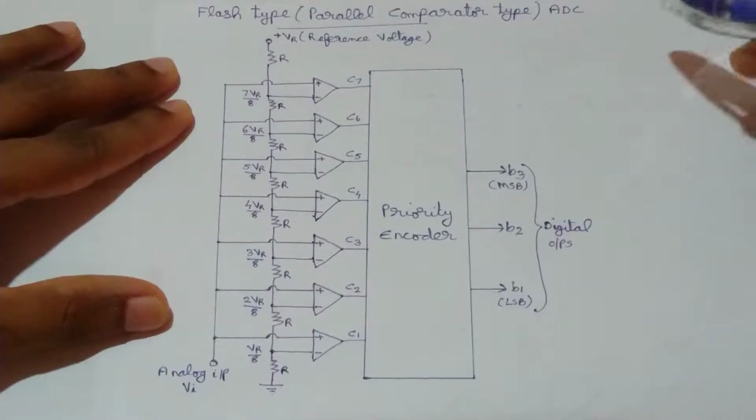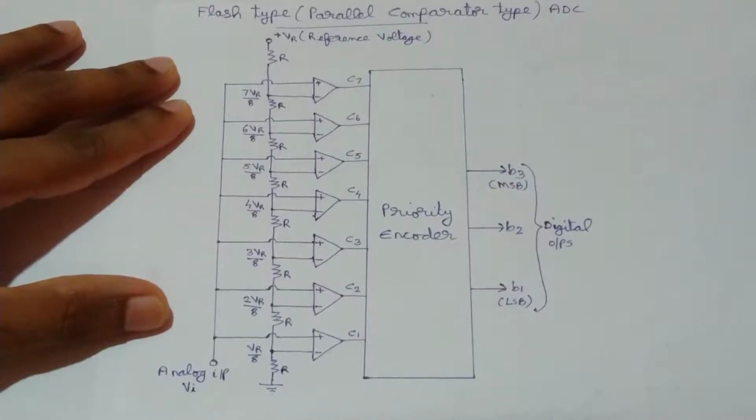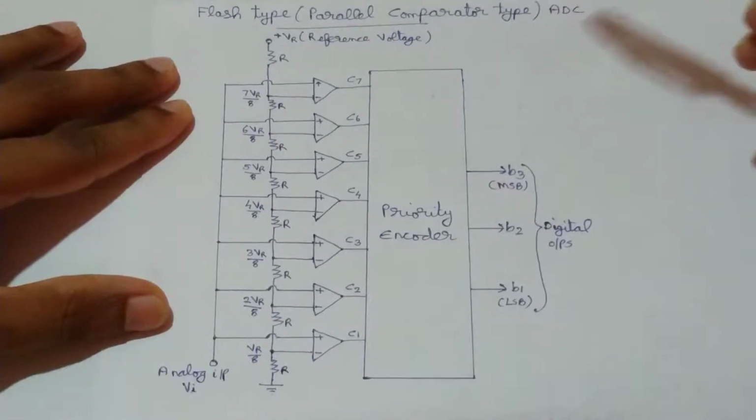That means 2 raised to 2 is 4. So 4 minus 1, 3 number of comparators are required there. Then to get a 3-bit digital output, we need 2 raised to 3 minus 1 number of comparators. 2 raised to 3 is 8. So 8 minus 1, 7 number of comparators are required here.